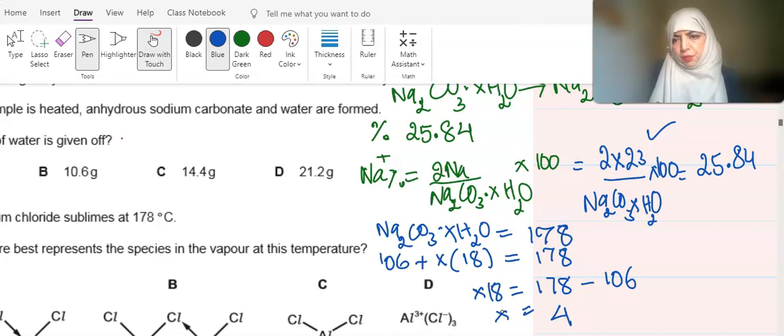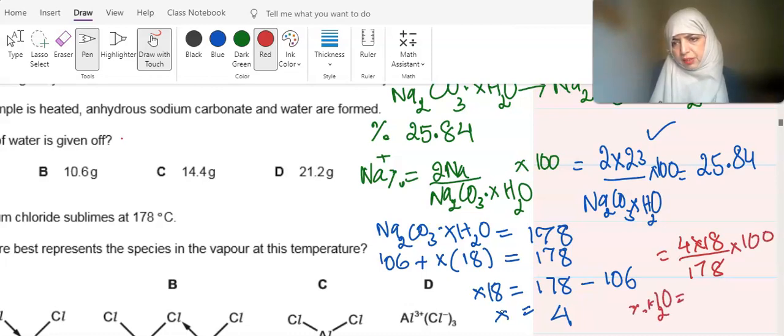Now you have found it is 4, find the percentage mass of water in it. Now you know 4 into 18, and total mass is 178, multiplied by 100. You get the percent mass of water is 40.44.